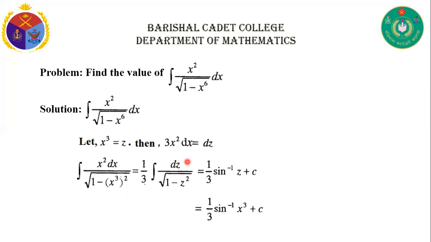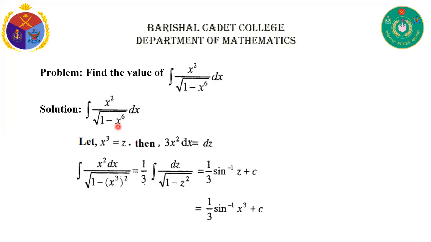So now here the value is the integration of x square by square root of 1 minus x to the power 6, plus c. Here, as I told in the previous class, we first have to see x square. We know that the differentiation of x cube is 3x square, right?